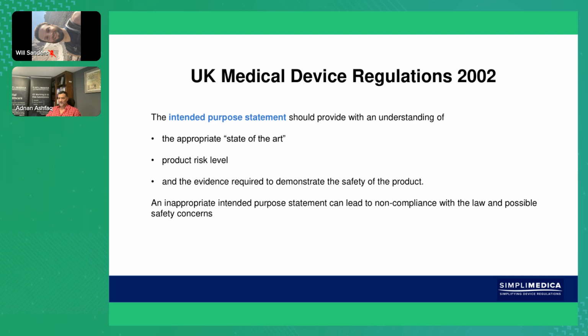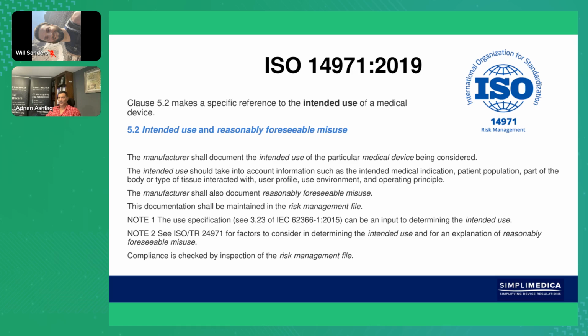So you can see it's all coming back to risk. And this is why I've put up ISO 14971 here. Some people may or may not be familiar, but clause 5.2 in ISO 14971 actually gives us some really interesting almost hidden notes, because people miss this.